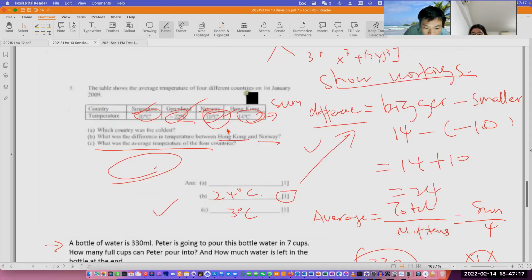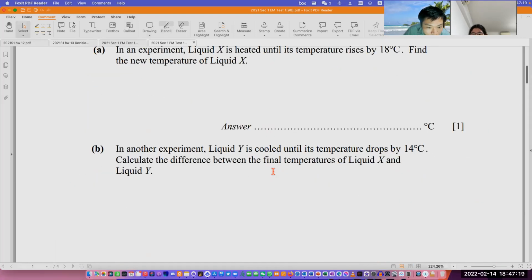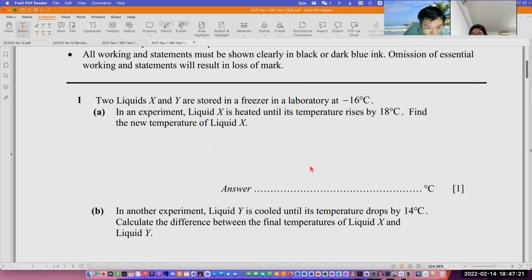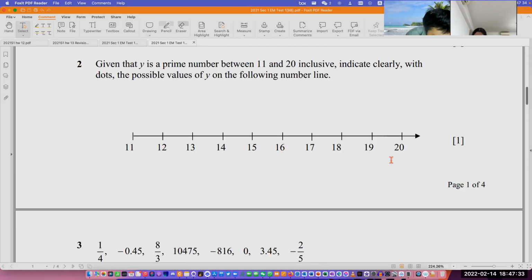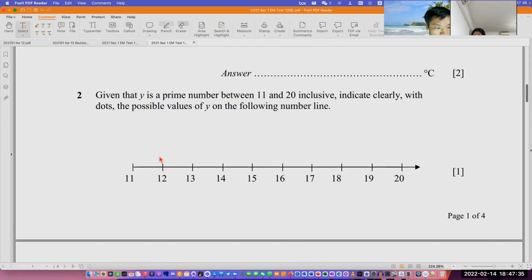I think we have solved the temperature one. And then of course, I don't think we have talked about the number line. It's good that we look at the number line as well, in case you have forgotten. So how do you do question 2?